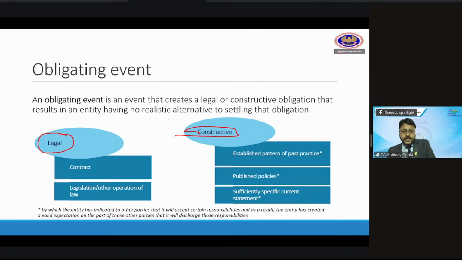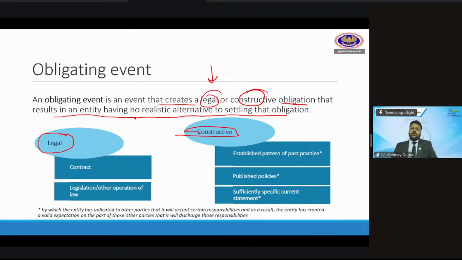An obligating event is an event that creates a legal or constructive obligation on the entity, resulting in the entity having no realistic alternative but to settle that obligation. Either by virtue of any law, or by contractual obligation, or by virtue of the company's expression, an obligation gets established on the part of the company, which ultimately will be settled.